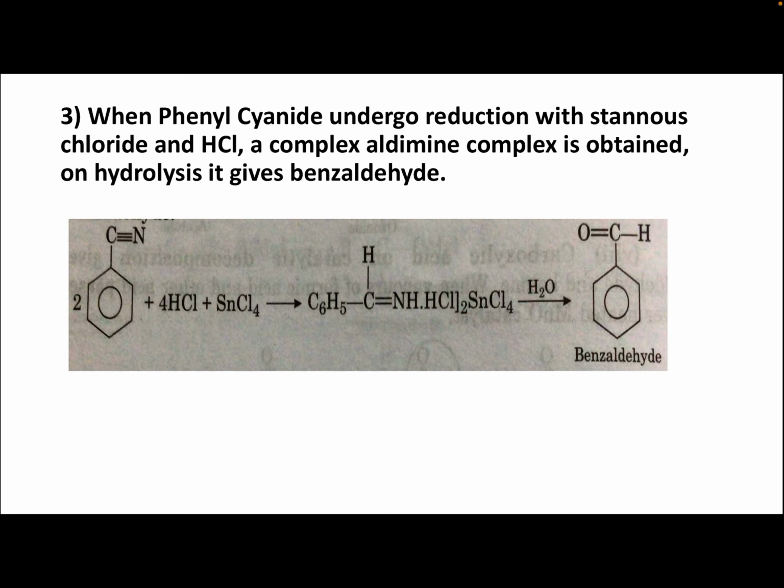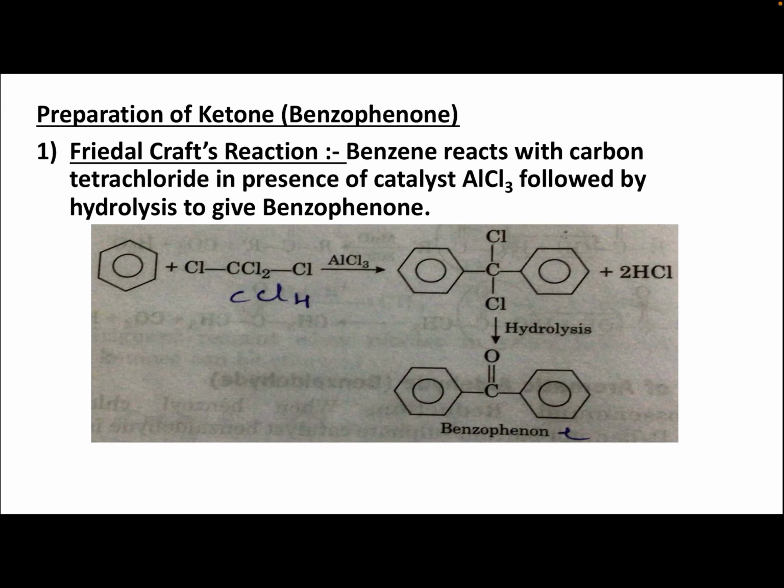On benzene ring C triple bond N, that is phenyl cyanide, plus HCl and SnCl2 gives C6H5CH double bond NH, HCl taken twice, SnCl4. This is an aldimine complex, which on hydrolysis gives benzaldehyde. On benzene, CHO, so it is known as benzaldehyde.